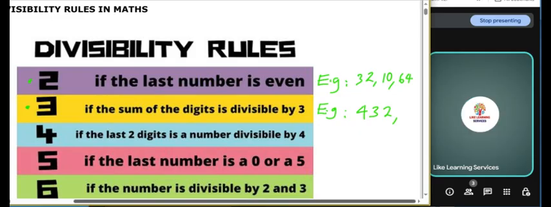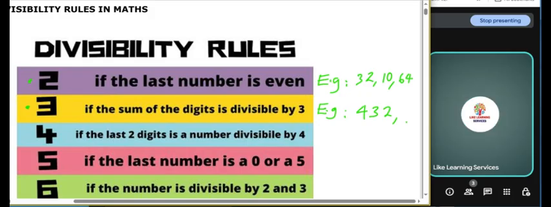39: 3 plus 9 is 12, and that's divisible by 3. Give me another example. You need to work faster because we have a lot of questions we're going to answer.